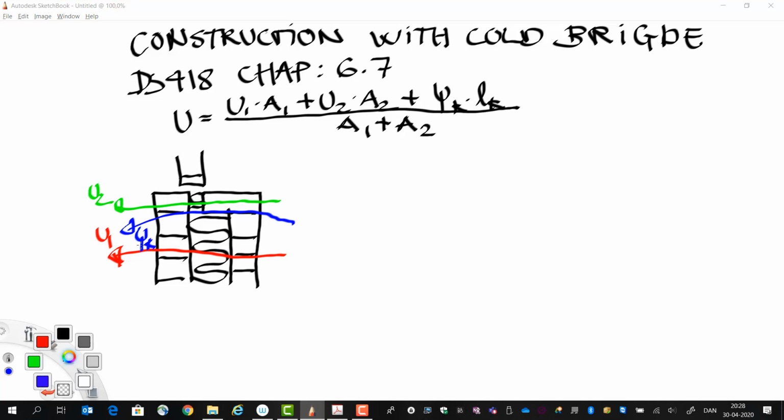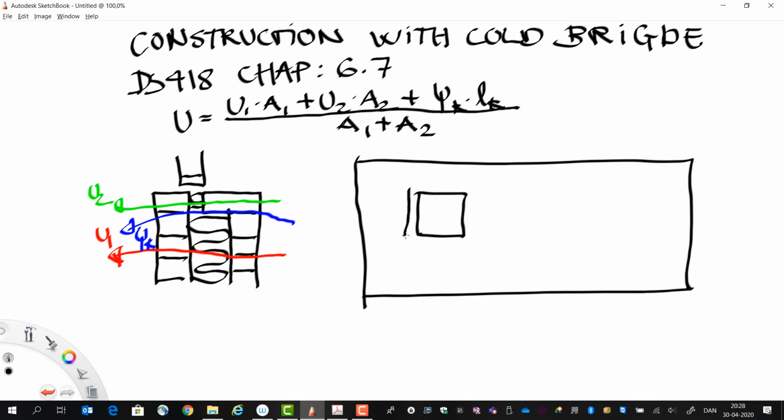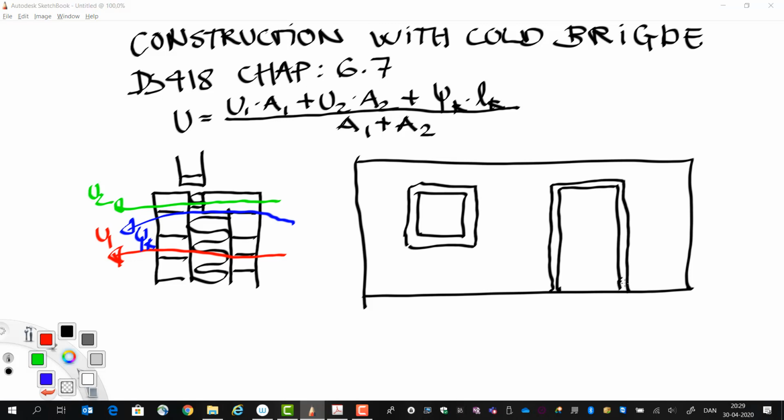And if we look at the wall in an elevation here, and I have the window here, then I have the cold bridge around the window all the way around here, and I have a door, and I have the cold bridge around the door all around here. Then I have the area for U1 I have out here.